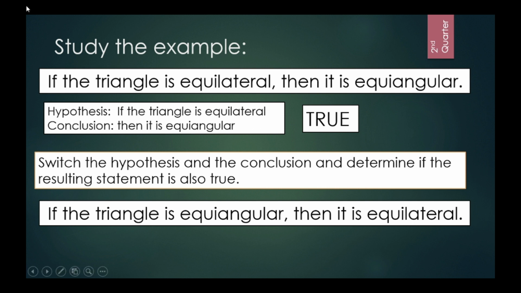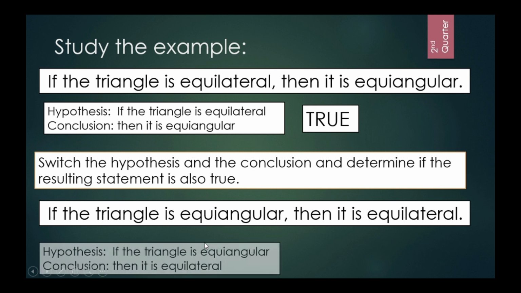So kung mapapansin nyo, yung word na equiangular ay napunta na sa if statement, at yung equilateral naman ay napunta na sa then statement. Again, ang ginawa natin, nag-switch ng pwesto yung ating hypothesis at conclusion. Now, is it true or false?